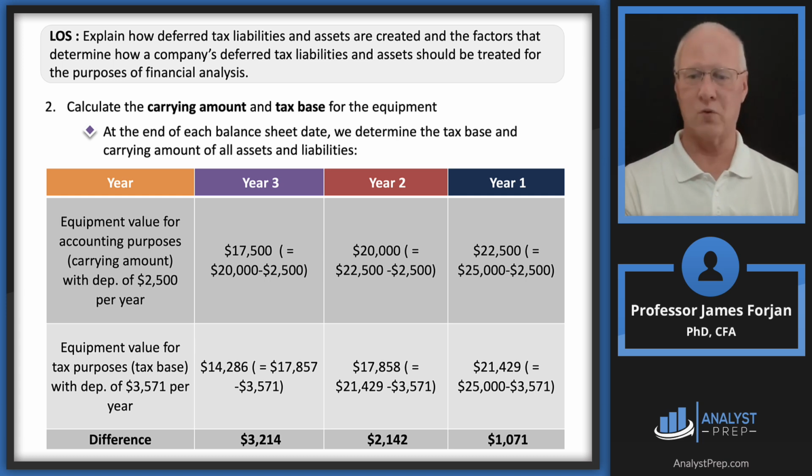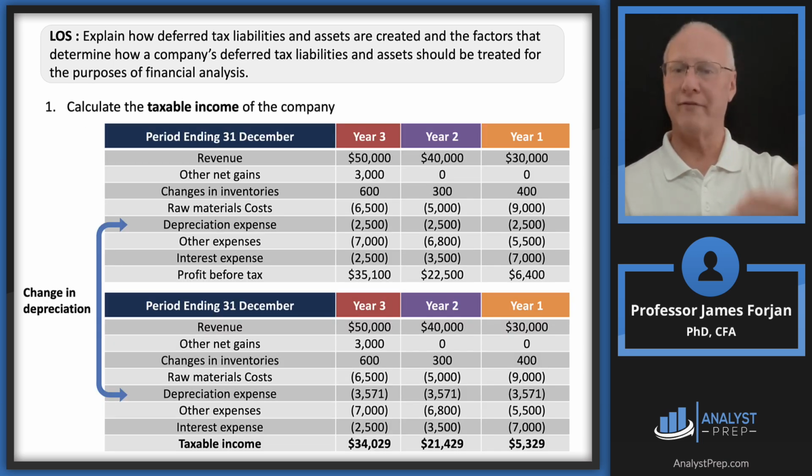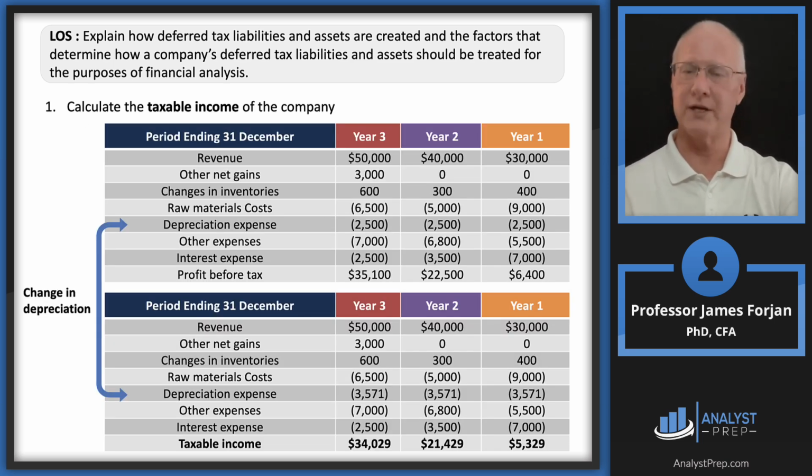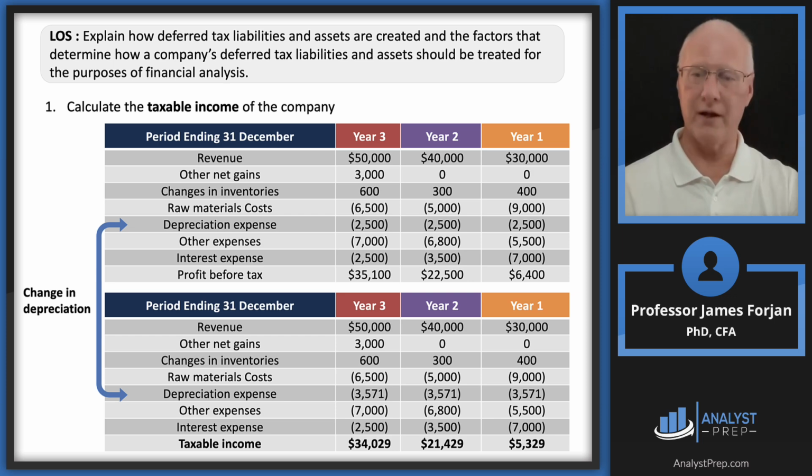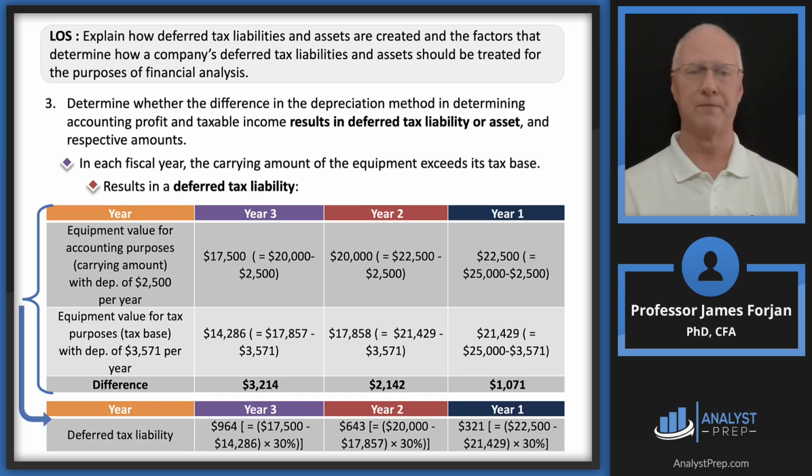In year 2, 2,142, and in year 3, 3,214. So this should be percolating in your brain that the difference between the carrying amount and the tax base is a function of the 2 different depreciation time periods, 10 versus 7.